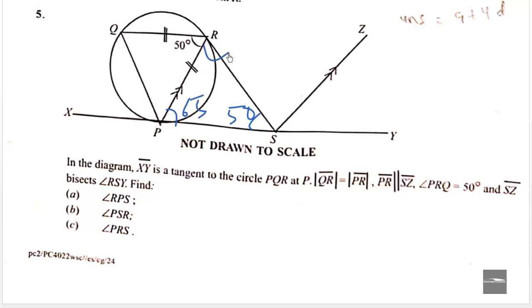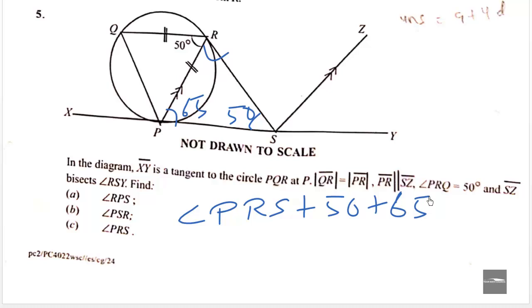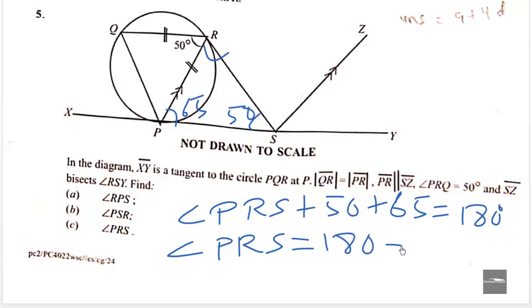So angle PRS plus 50 plus 65 equals 180, sum of angles in a triangle. So angle PRS will be equal to 180 minus 115, and that will be equal to 65 degrees.